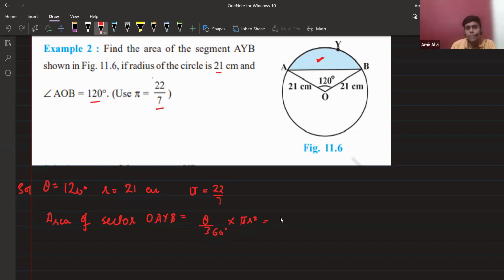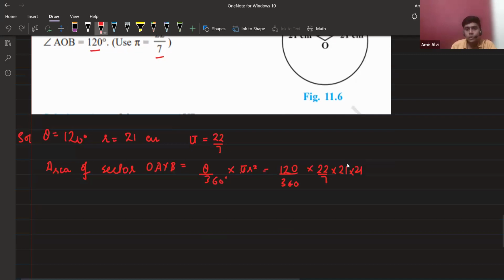So theta is 120 divided by 360 into 22 by 7 into 21 into 21. So 7 threes are 21, and 3 will cancel out this. So what is left is 22 into 21 centimeter square.